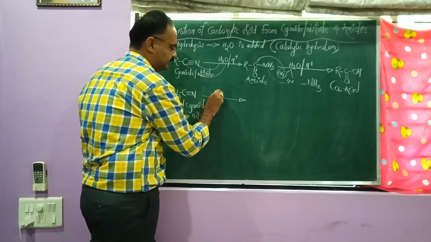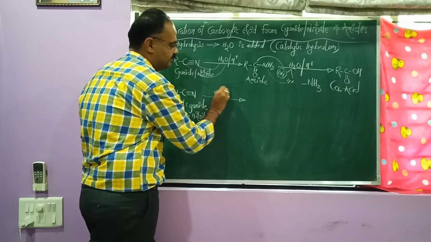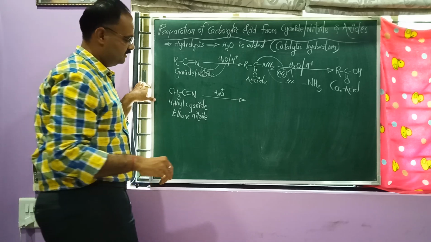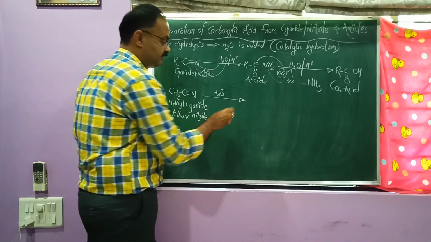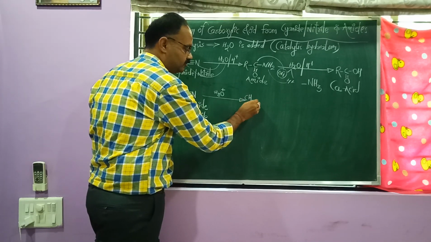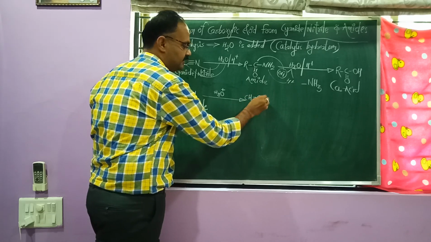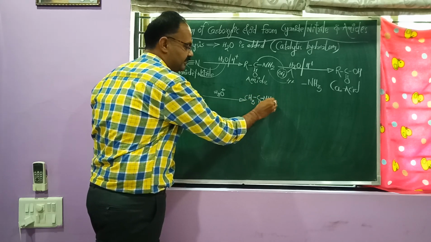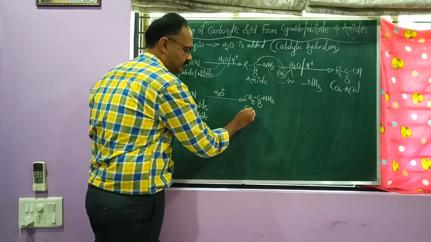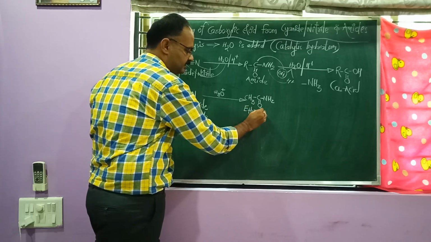Again I will write, this is addition of water in presence of H plus catalyst. So our cyanide should be converting to amide. So our intermediate product should be CH3CONH2. Name of this compound is ethanamide.